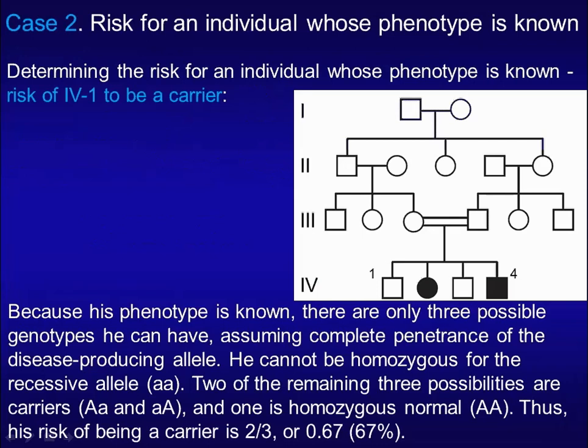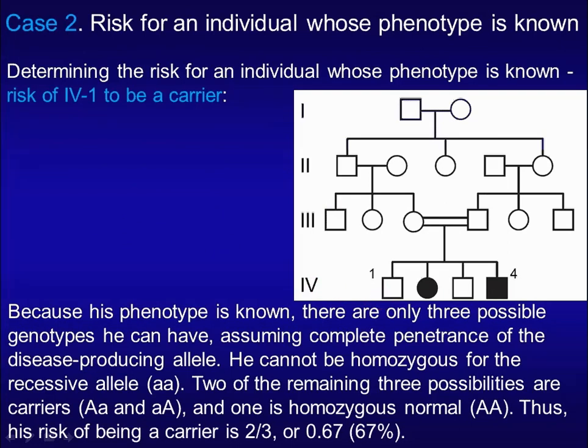The second situation involves an individual whose phenotype is known. For example, for individual 4-1 in this pedigree, how much is his risk to be a carrier? Because 4-1 is phenotypically normal, his phenotype is known.